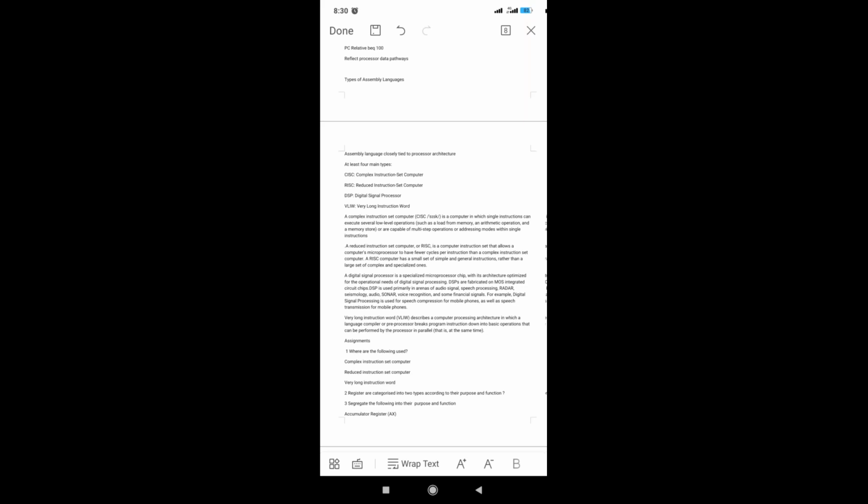But for your reduced instruction set computer, the instructions on the microprocessor are carried out in fewer cycles. That means it is not as complex as the first one, your complex instruction set computer. So per time, a single instruction is being issued.